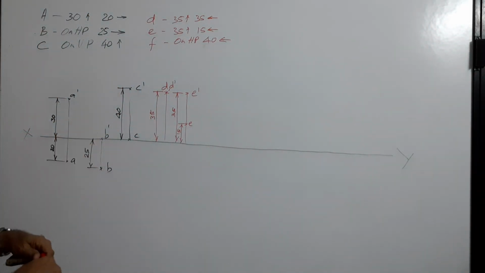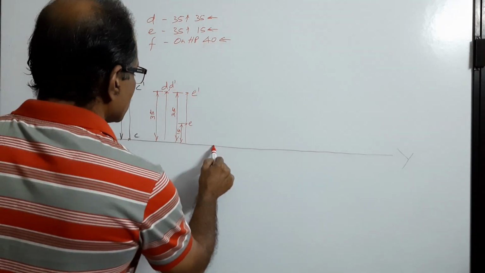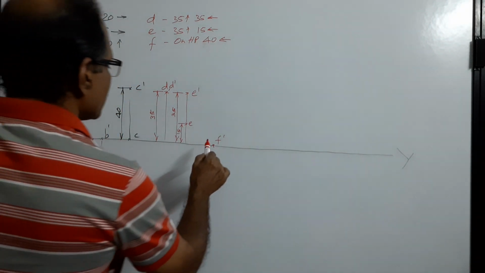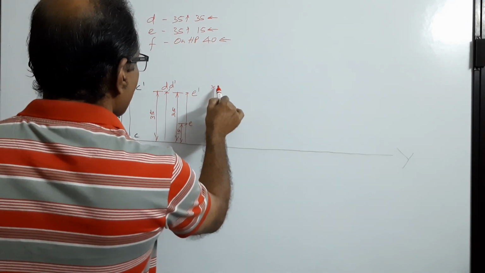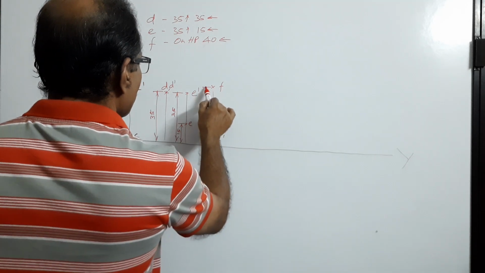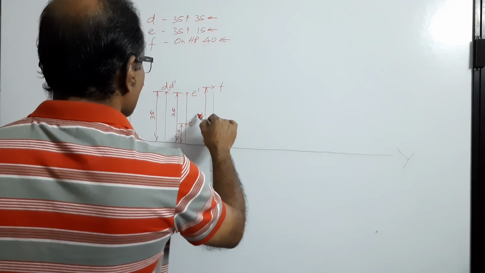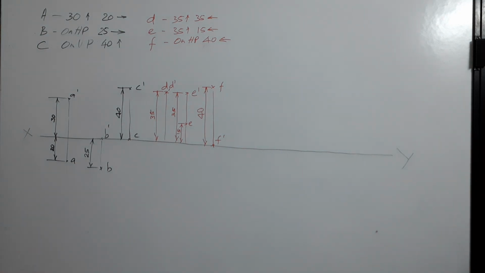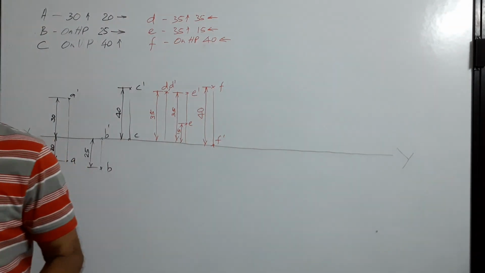Then F, on HP, that means elevation is on XY line, F dash, 40 mm behind F. Agreed? Now what?